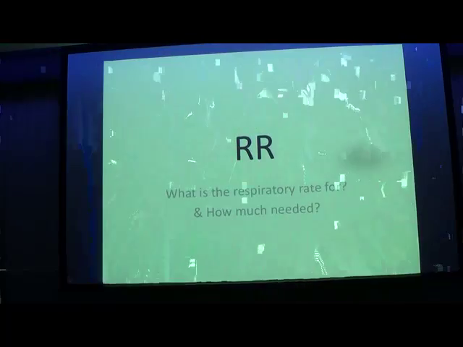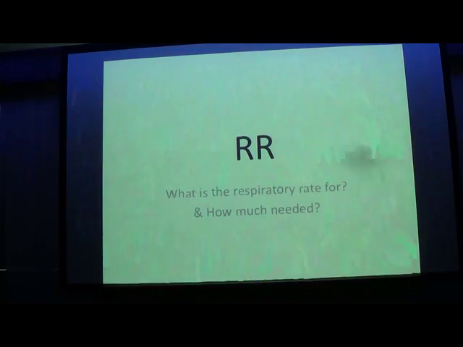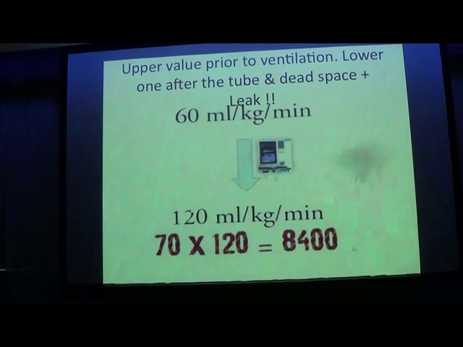So respiratory rate, what is it for and how much do we need? Now let's have a simple calculation. The upper value is prior to ventilation, and the 120 ml, the lower value, is for the patient after intubation. Normally we have 60 ml per kg per minute of total ventilation.